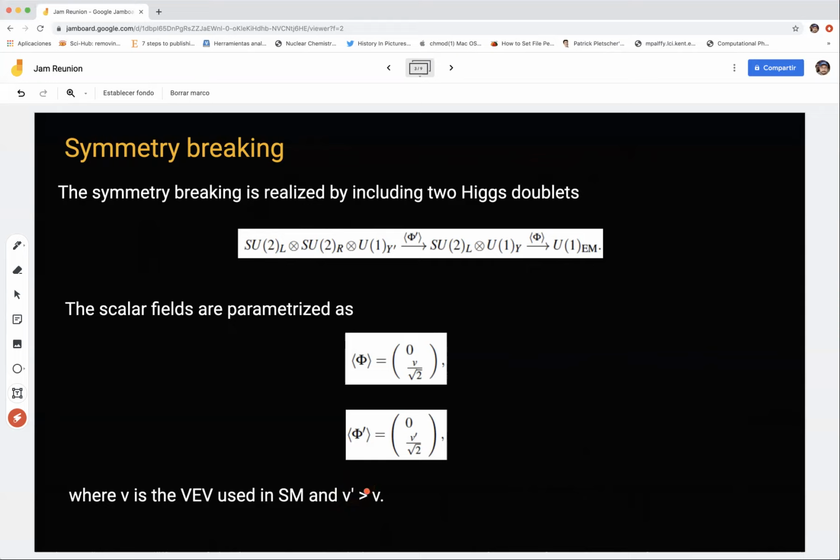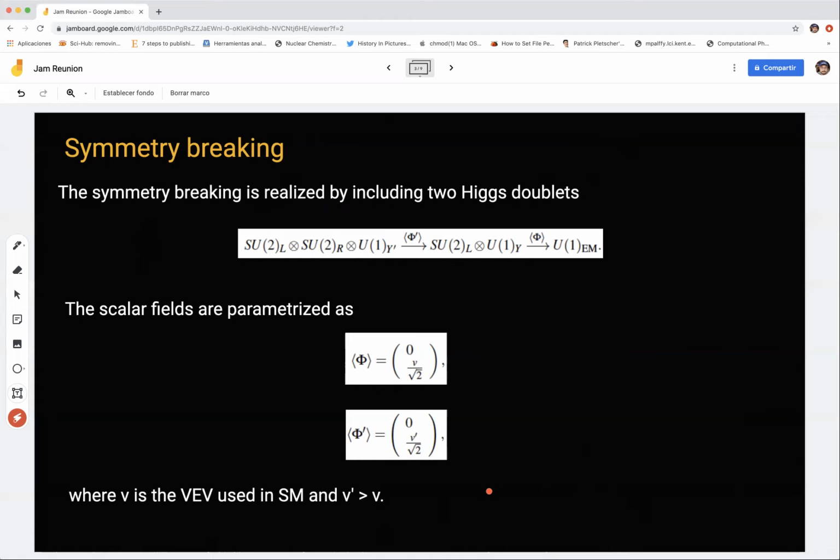One comment in anticipation of the following slides is that the mixing between neutral scalars should not occur. In fact, the mixing parameter is very close to 0 based on the data reported by the Higgs experiment.